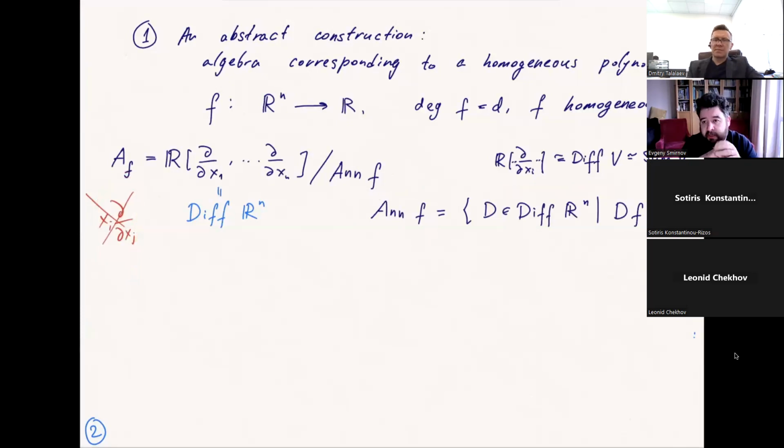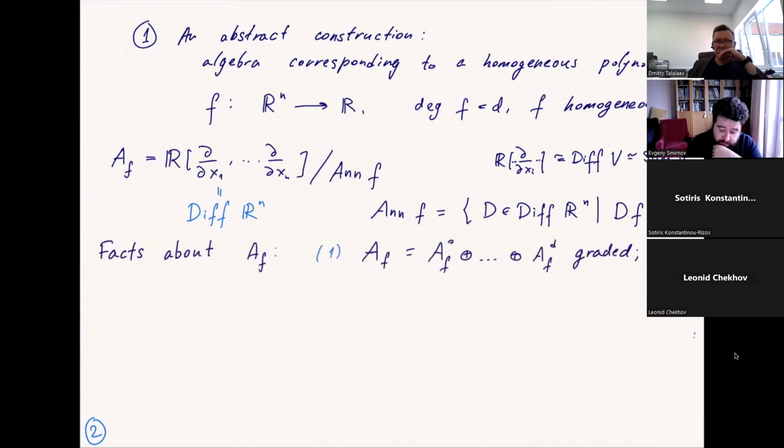So you see, this is an ideal. If you apply d to f and get 0, then you can apply d times something and get 0 as well. And of course it's a vector space. So this is indeed an ideal.